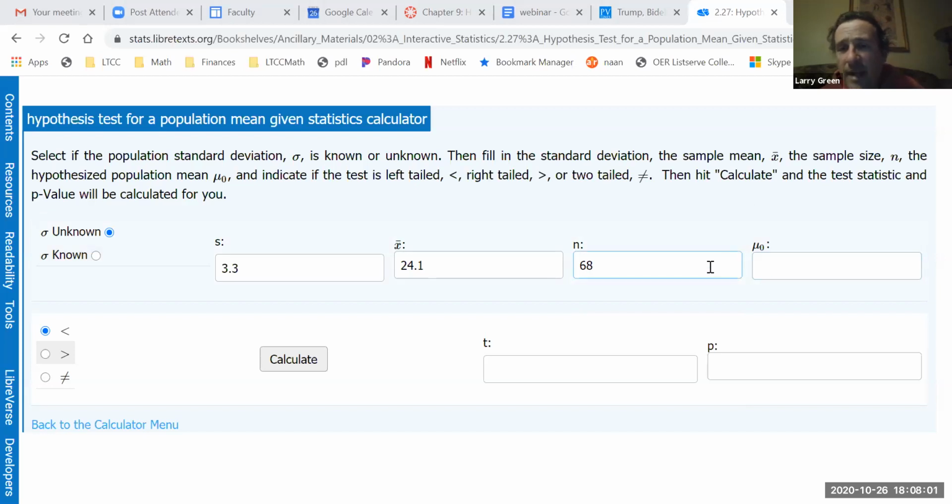Okay. By the way, is our sample size large enough? Yeah. 68 is bigger than 30 because now we're back in quantitative. So yeah. Mu naught was 23. We want to be not equal to, and hit calculate.